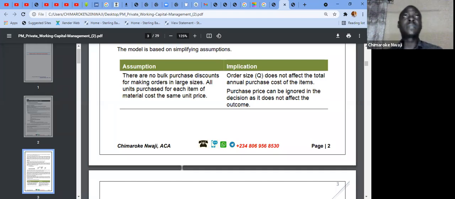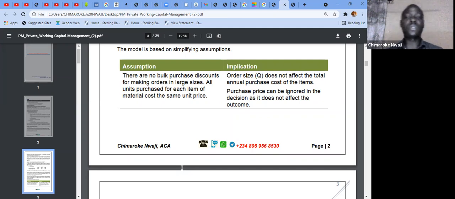So it means that if I'm making 12,000 orders at once, the annual purchase will still be the same. Doesn't affect it. If I'm making 6,000 orders each time and I make it twice, the annual orders of 12,000 and the cost will not be affected. If I'm making 3,000 quantities each time I'm making an order and I do it 4 times, I'm still going to get the same annual purchase cost.